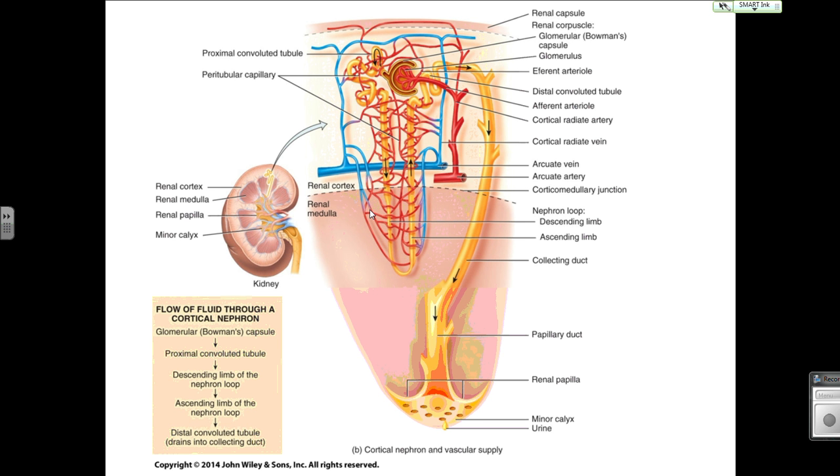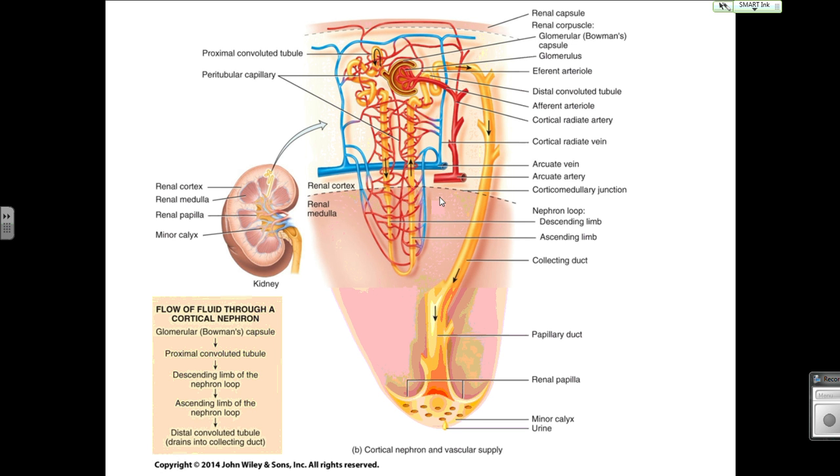Do you guys remember what the word permeable meant? Let stuff go through. So water can escape out of the tubule here, and that's going to continue the same way as it did here. The reason water gets pulled out here is because it's chasing after the salt that's pumped out over here.